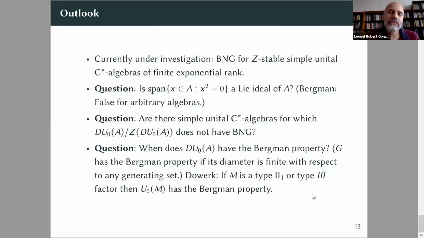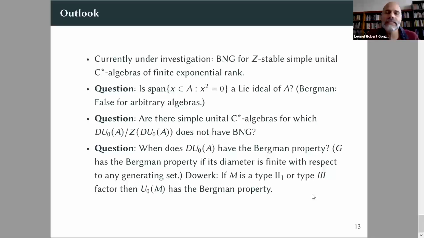And another question that did occupy me a little bit, but it seems a little tricky, is when does the commutator subgroup have the Bergman property? So what is the Bergman property? It is somewhat similar to something I put in a slide back there. You think you almost have it.